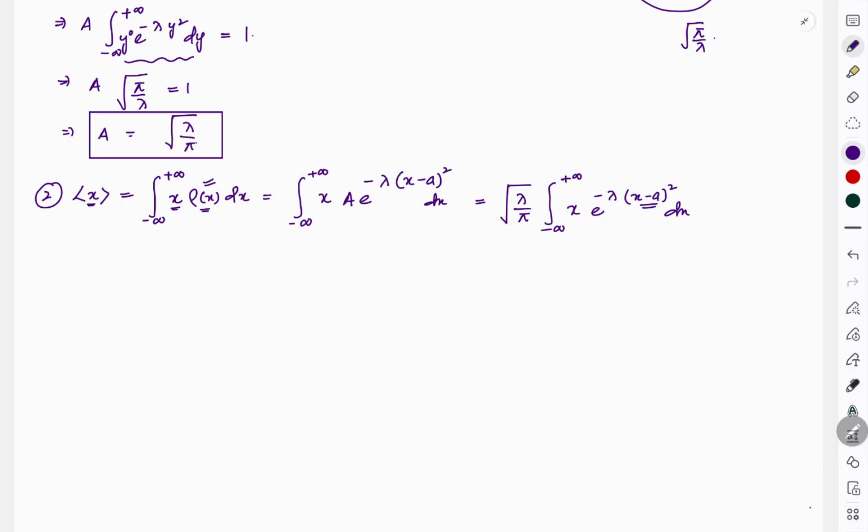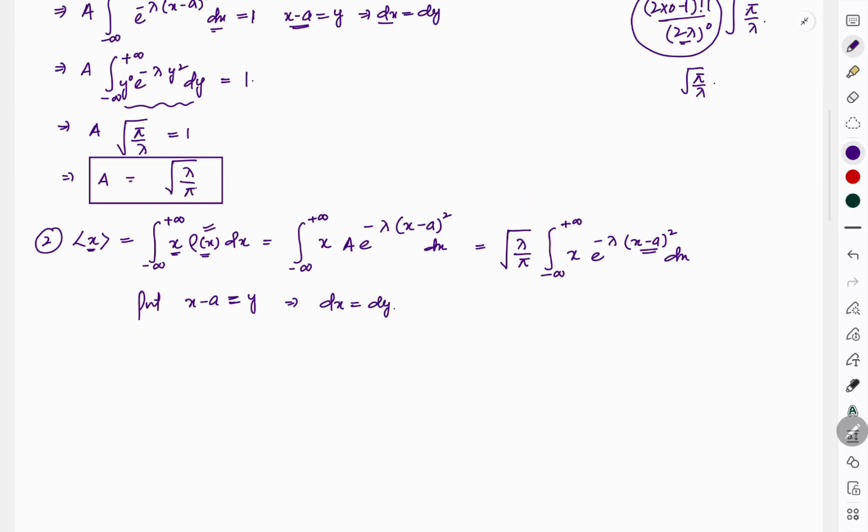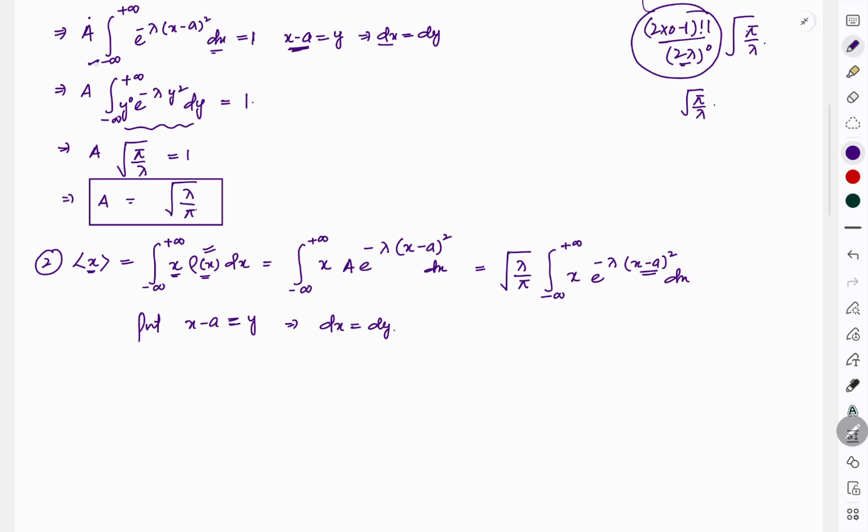Now again we are going to put x minus a equals y, which implies dx equals dy. Now I forgot to tell you one thing, that when we substitute x minus a equals y, the lower limit and upper limit won't change, because subtracting a from minus infinity or from plus infinity won't change the limits.